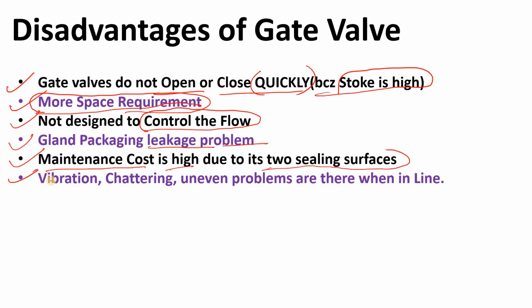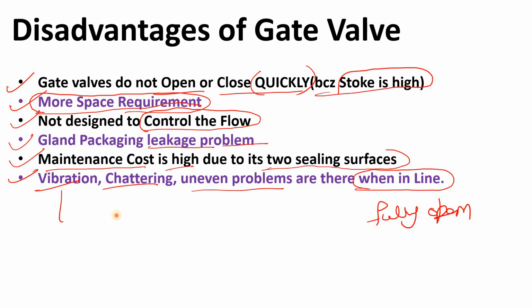And lastly, vibration, chattering or uneven flow problems are there in the line when the valve is not fully open. When it is partially open, vibration problems, chattering problems and uneven flow problems are there.